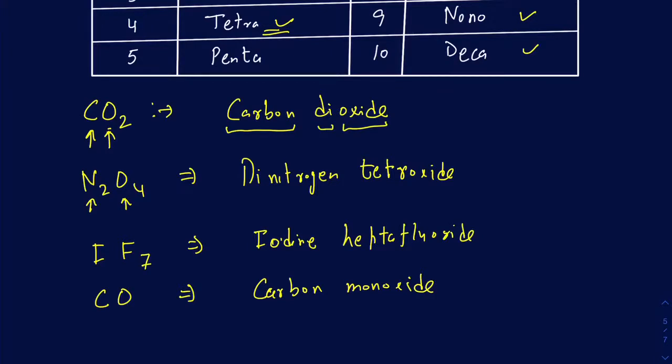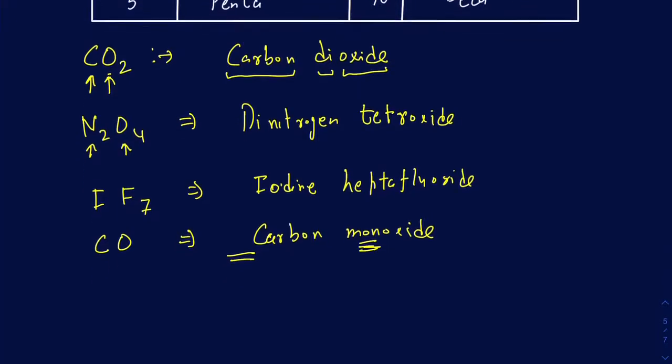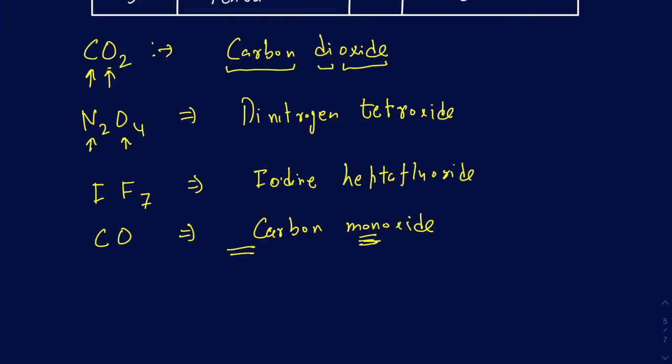If the second nonmetal is 1, then you want to use mono for that. For example, for CO, I didn't call it monocarbon monoxide, because mono is not technically used for the first nonmetal. If you just say carbon, it's automatically assumed it's only 1. However, if the second nonmetal is only 1, then you want to make sure you use mono for those.